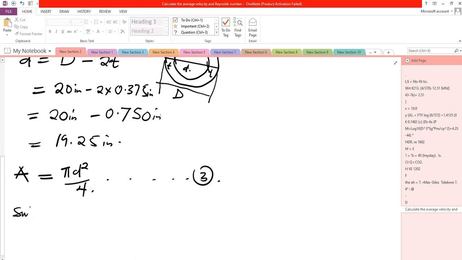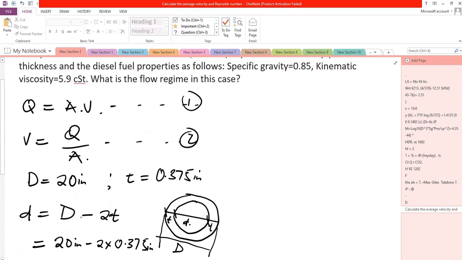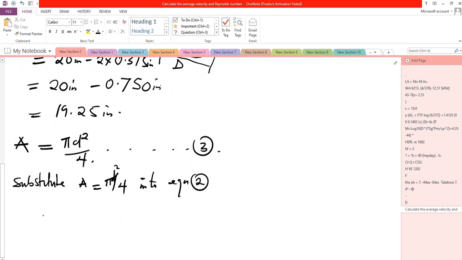Now if you substitute A equal to pi d square over 4 into equation 2, you have V now equal to 4Q over pi d square.